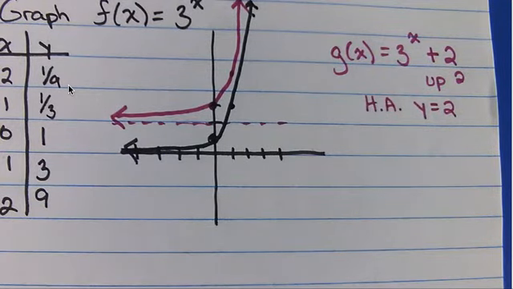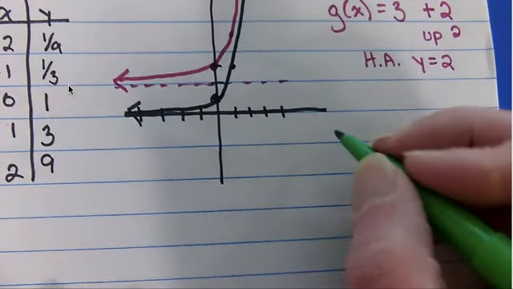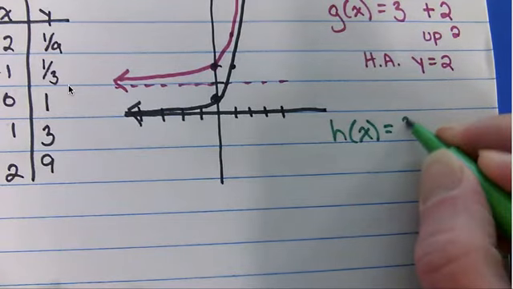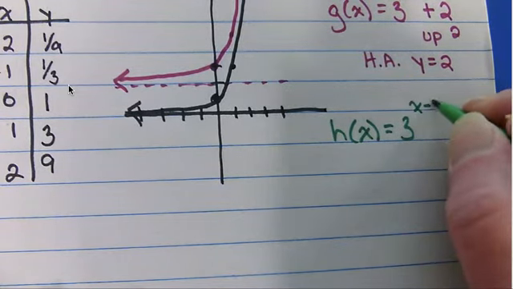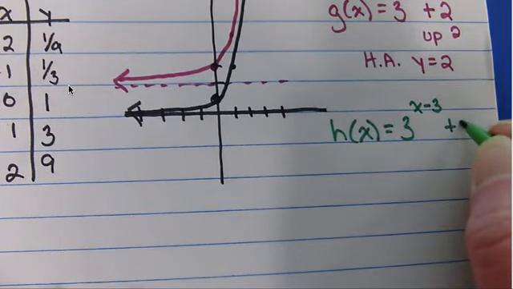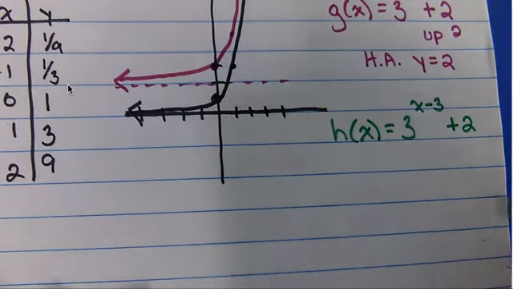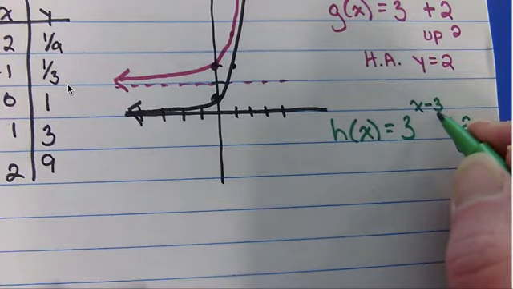Now what would be going on if I kept that plus 2, but I changed this to an x minus 3, then a plus 2? Well, we still have the up 2, but what does the x minus 3 do?